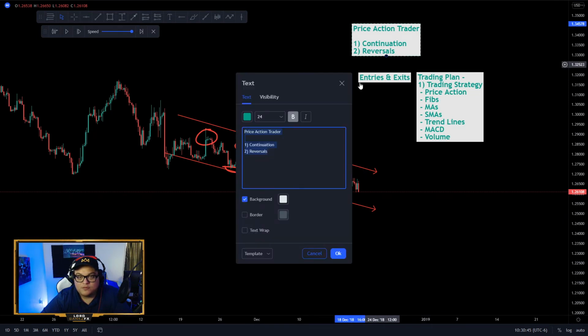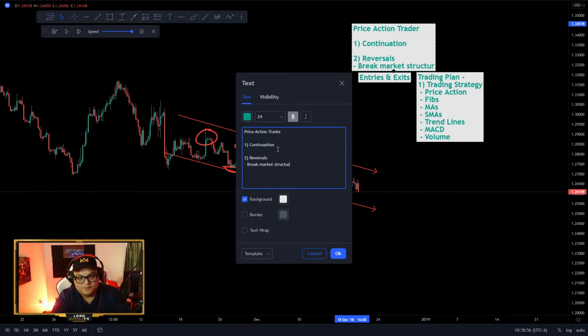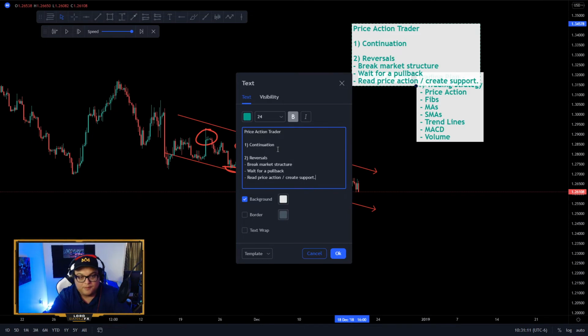If we're looking for reversals: break market structure, wait for a pullback, read price action, create the support.